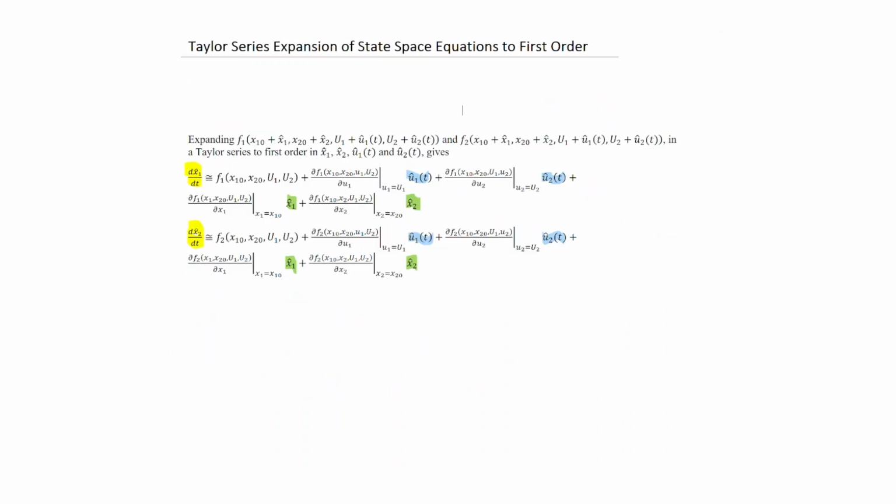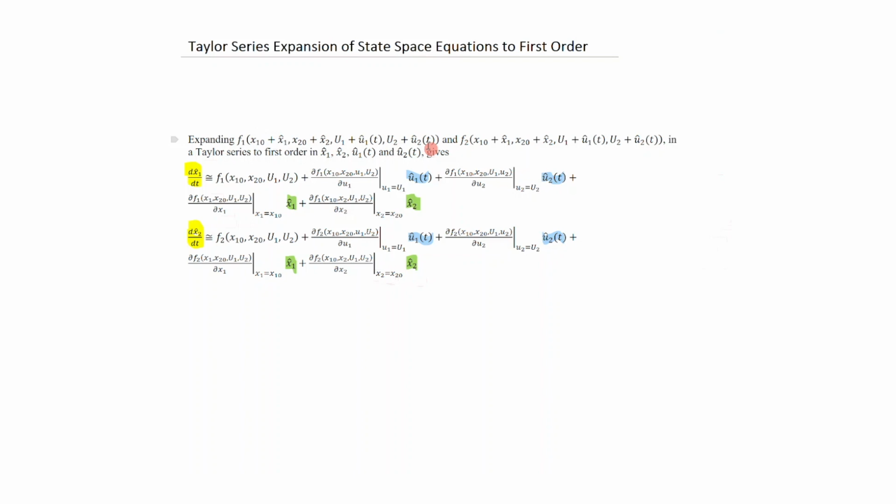All right, so now we make use of a Taylor series expansion of the state space equation only out to first order. And so on the right-hand side, we had a function of, in this case, 4 variables. This is one variable, second, third, and fourth. So when we do expansion to first order, the first term is the constant value at the operating point. And the linear terms would be linear in this one, this one, this one, and this one.